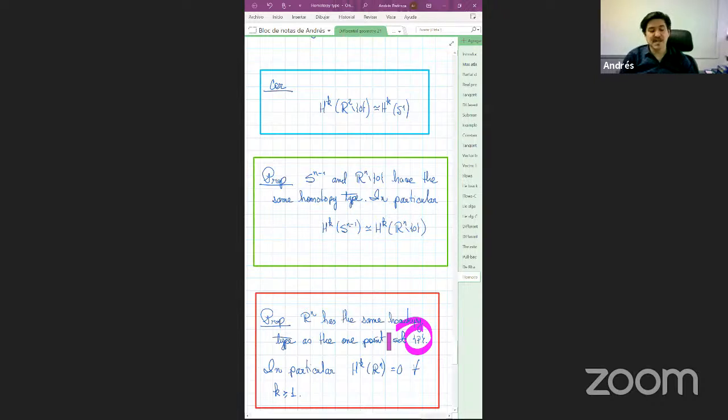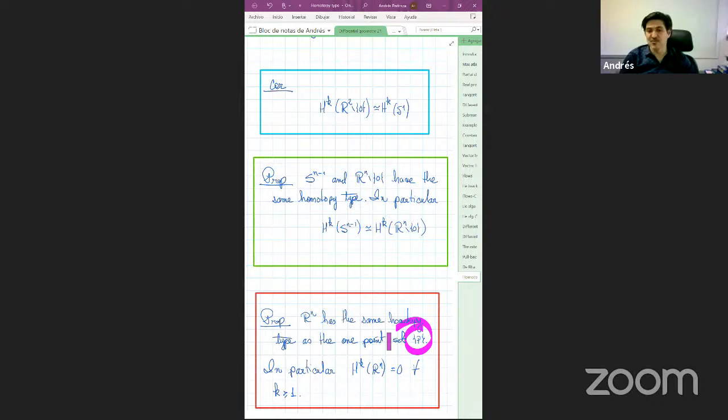So the set that consists of a single point is a smooth manifold of dimension 0, and also the cohomology of that space is only R when k equals 0 because it is connected.